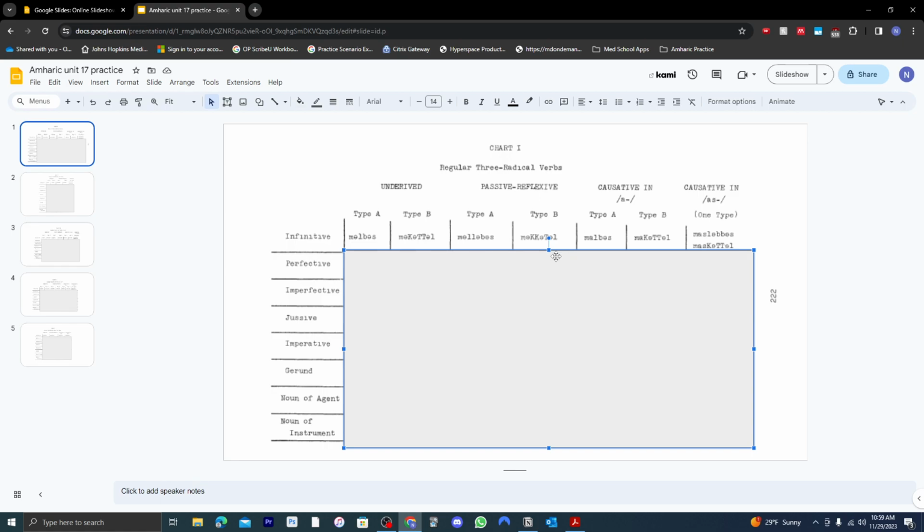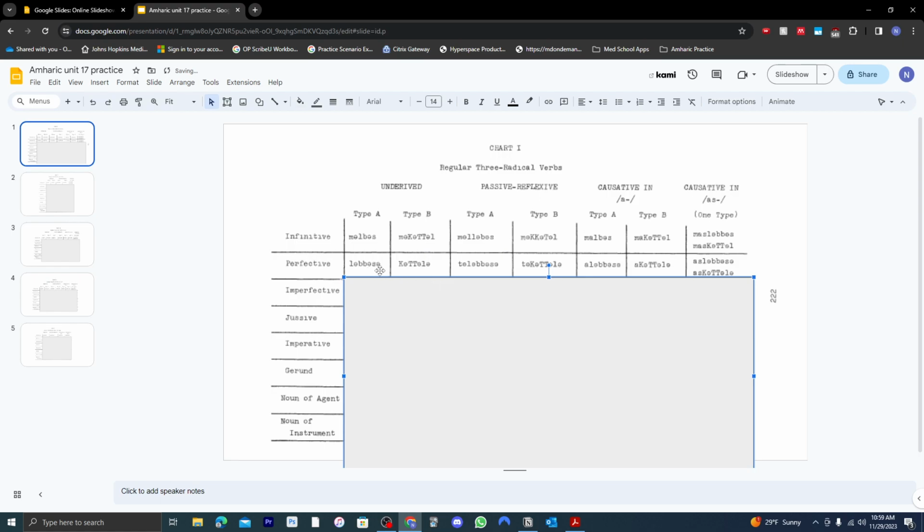I actually don't know the exact, tekele would be I think the perfected form. Malbes I'm guessing is to cause something to be dressed, and then meketel to cause something to be continued. So lebese and ketele. We'll see how close these are. Lebese, ketele, telebse. Hopefully that's what I said. Teketele. Oh, I forgot it's an A.